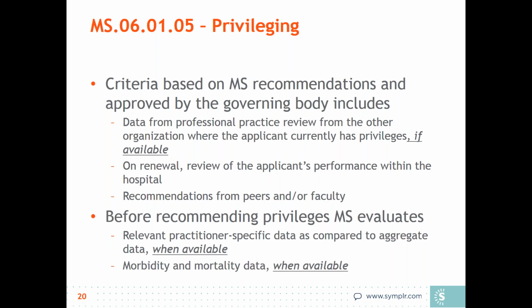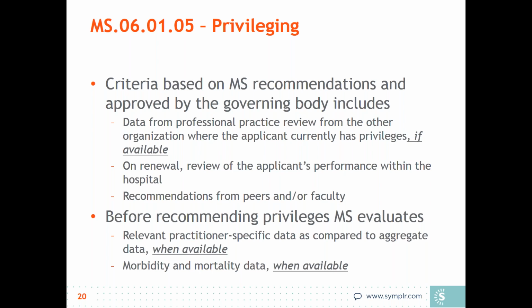So you have to at least ask for it, so you can say, yes, we did try to get that information, and sometimes, like I said, they will not provide that information to you from another hospital. But if that's the case, then you go back to the practitioner and have that practitioner intervene for you, and maybe have the hospital give it to them, and then they could then forward it to you.